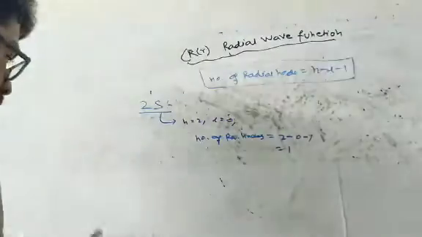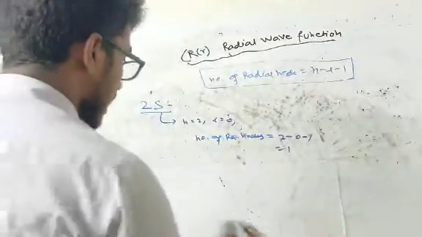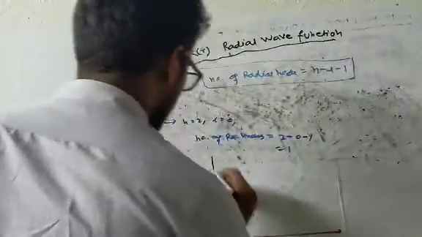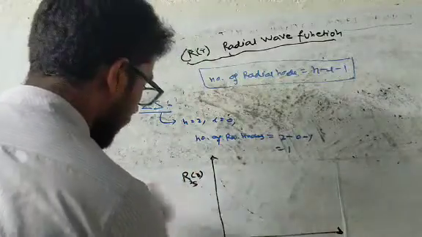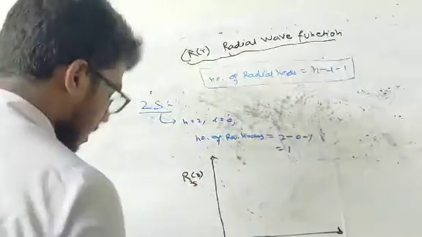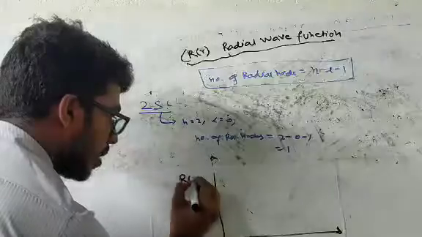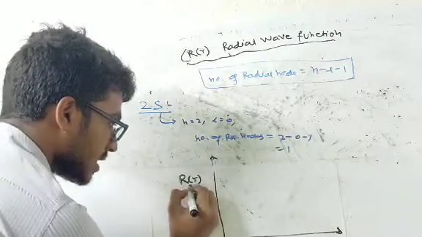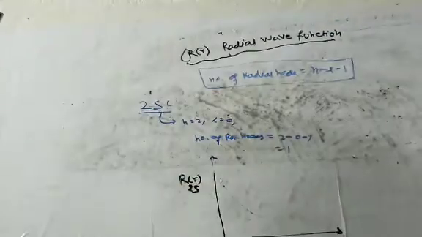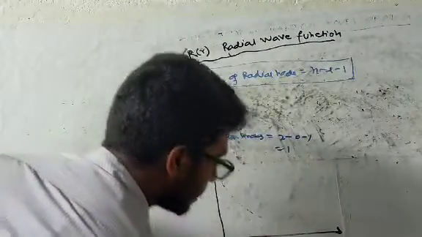So now how should my graph look? We write R(r), the standard notation of the radial wave function, for 2s. So R(r) 2s versus r.